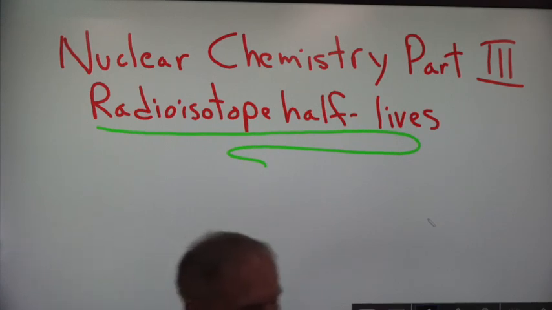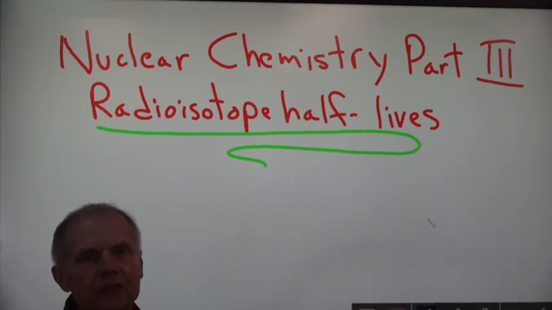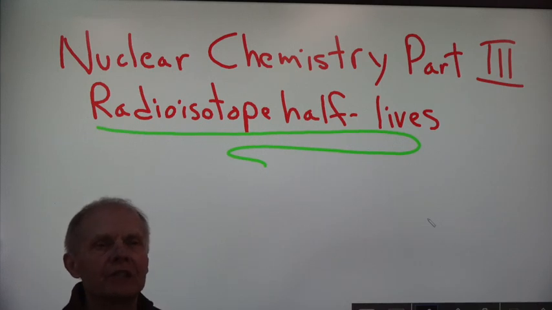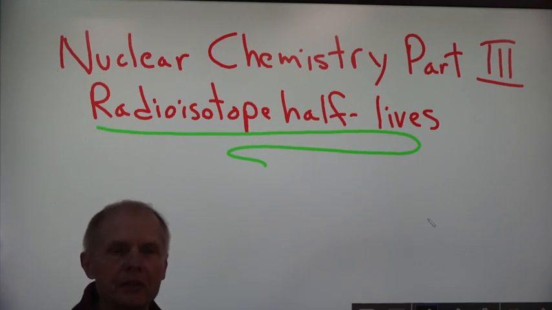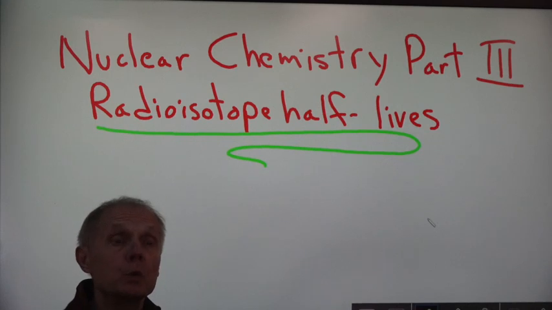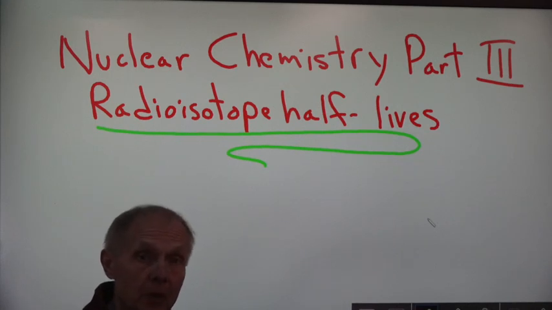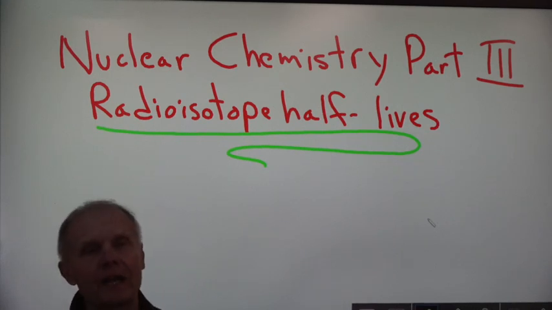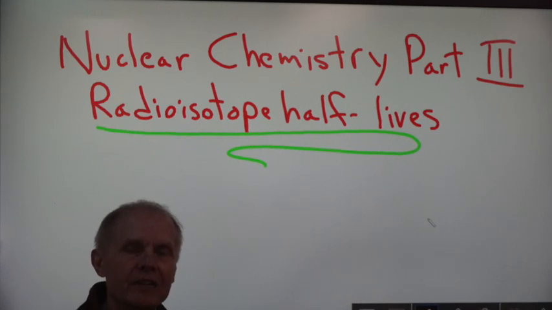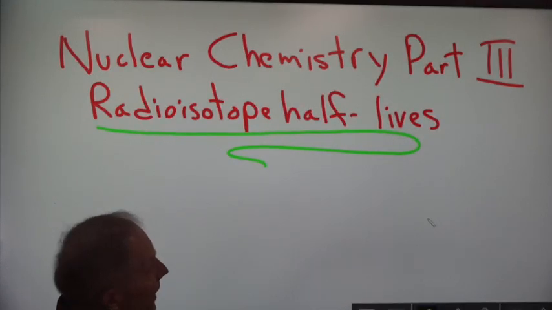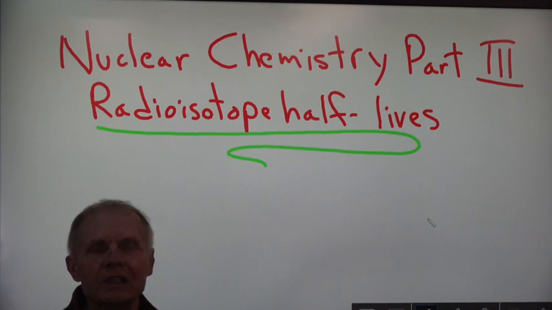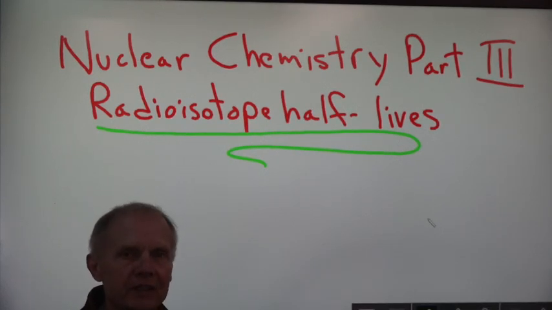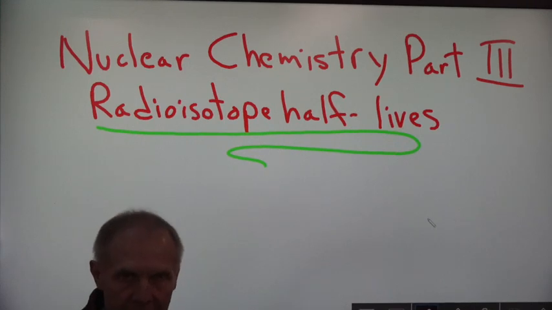Now, these half-lives, it just means how long it takes for half of the radioactive sample to go non-radioactive. That's what a half-life would be. The other thing about these half-lives, you can't change them. So whatever the half-life is, that's how long it takes.